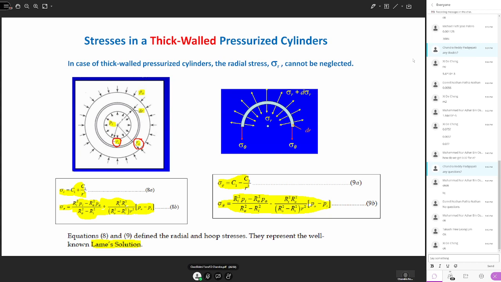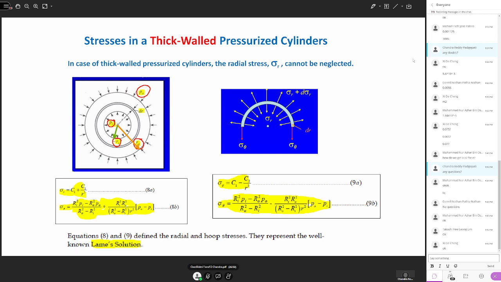Then you will have the inner pressure Pi. Pi is the inner pressure. Now, Po is the outer pressure.